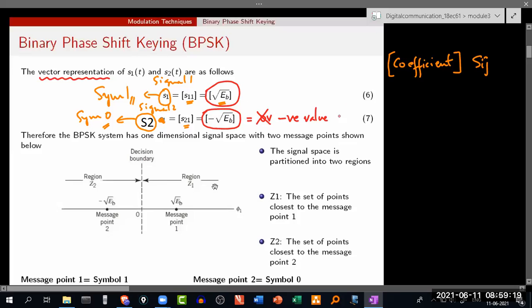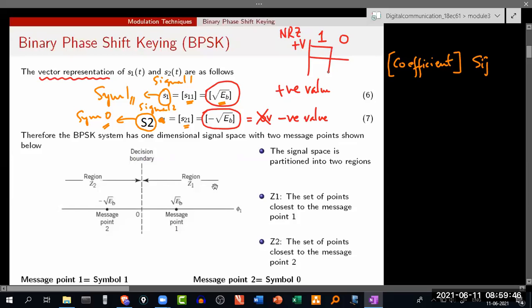Thereby I got to go for polar representation, because back in our polar representation, we have seen that if we are having bit 1, followed by bit 0, for 1 we'll make use of positive V volts over that entire bit interval for non-return to 0.